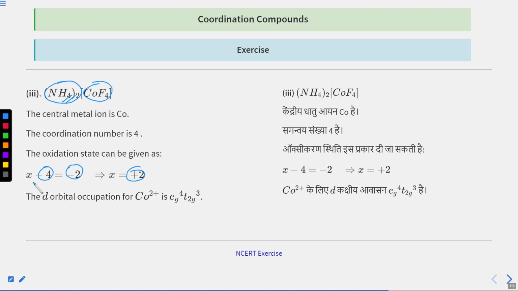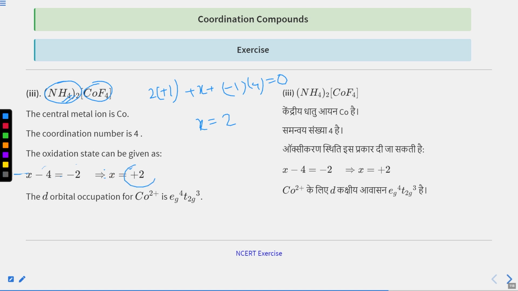Let me do it in my own way. So 2 NH4s are present, each with a charge of +1, so 2 into +1. Cobalt has X, fluorine has -1, so -1 into 4. This gives 0, so X is 4 minus 2, that is 2. They have done the same thing.